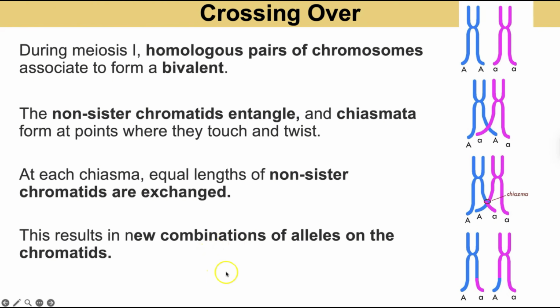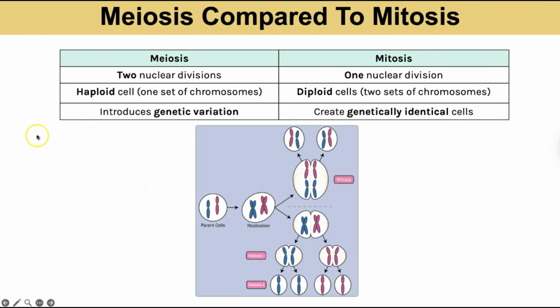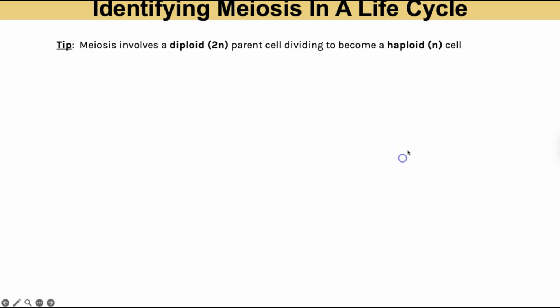So if we just compare meiosis to mitosis, meiosis is 2 nuclear divisions versus 1. In meiosis, you get haploid cells versus diploid. Meiosis introduces genetic variation. In mitosis, you get genetically identical cells.